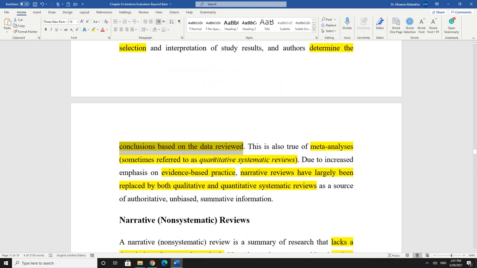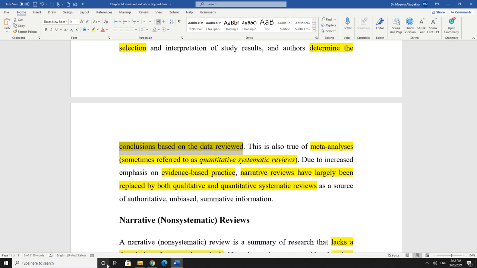The difference between qualitative and quantitative systematic reviews is that in meta-analysis, or quantitative reviews, they combine the results from the clinical trials. They put them together in a pool.